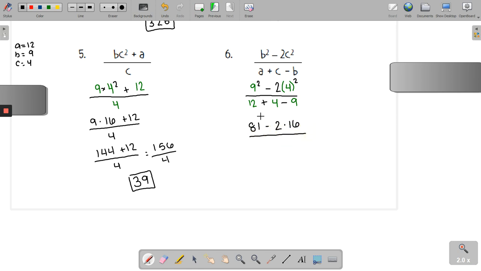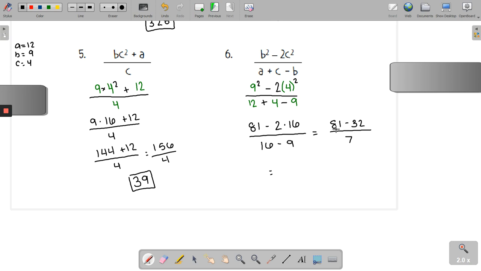And then if we look at our denominator, we can do 12 plus 4, and that gives us 16. Now, if we look back up at our numerator, the next thing we can do is multiplication. 2 times 16 gives us 32. So 81 minus 32. And then we can look at our denominator. 16 minus 9 gives us 7.